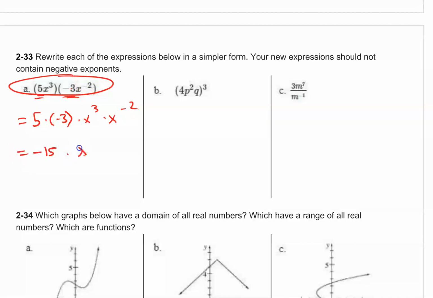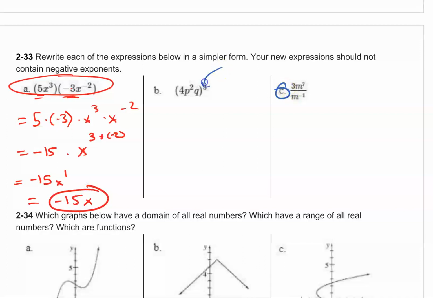And that's going to be multiplied by x to the power 3 plus negative 2. These two numbers have the same base, and when they have the same base, you're allowed to add the exponents. So that's going to be negative 15x to the power 1. And because it's to the power 1, you make the 1 invisible, and you write it like that.